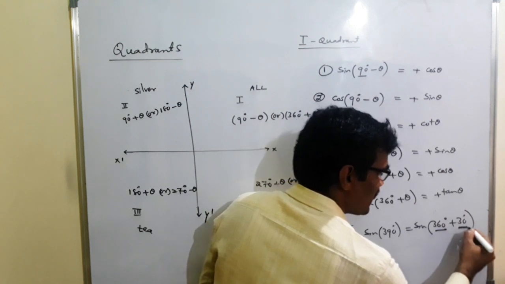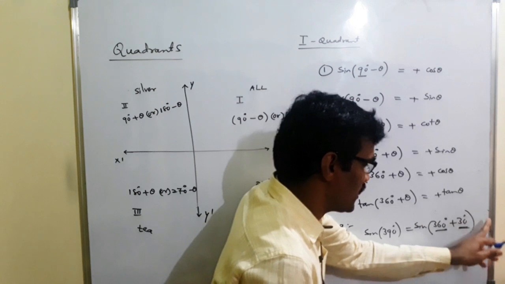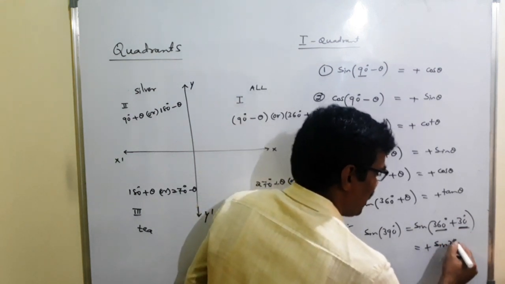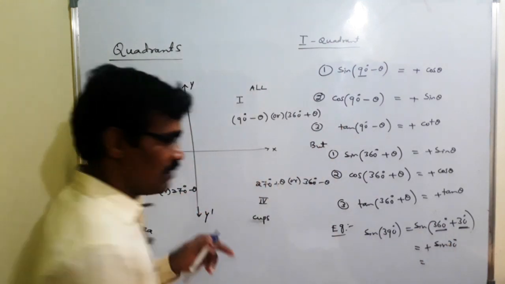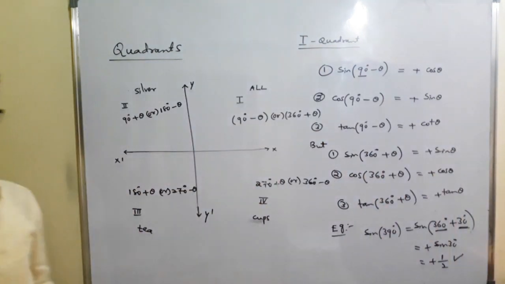Here 30 is theta, so it is 360 plus theta. Sine of 360 plus theta is plus sine 30, which is 1 by 2. Write it all of you. First quadrant is over.